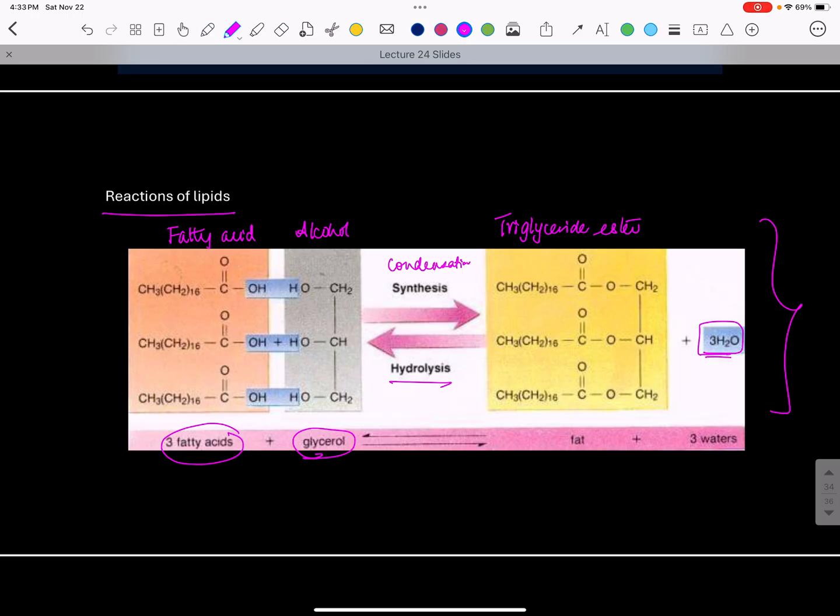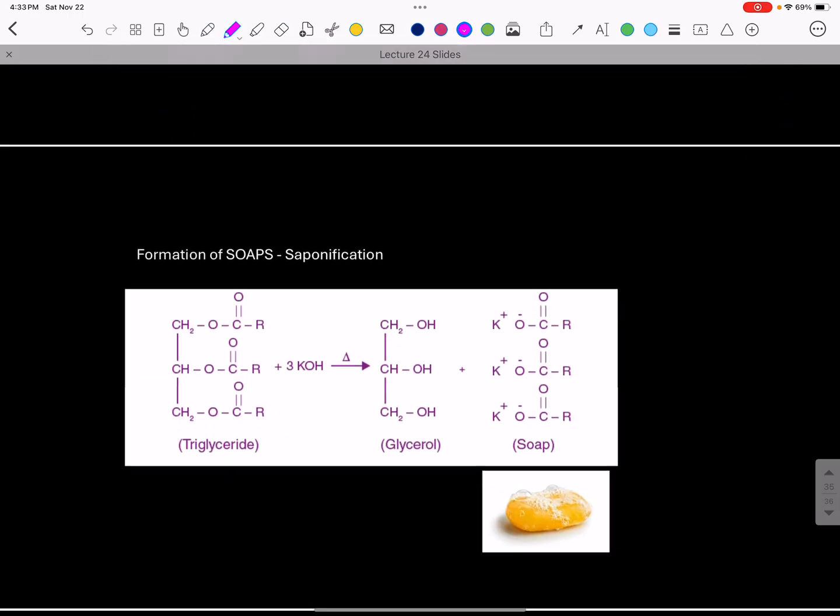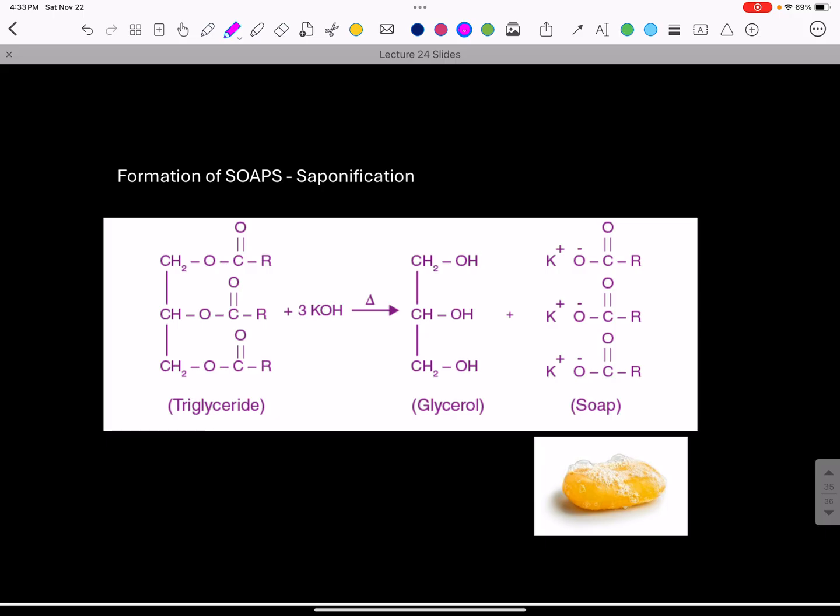The last reaction that I want to highlight today is soap formation. So the triglycerides are the most important raw materials that are used for synthesizing soaps. And soap is nothing but a triglyceride when it is treated with a very strong base. And this is usually called a lye.